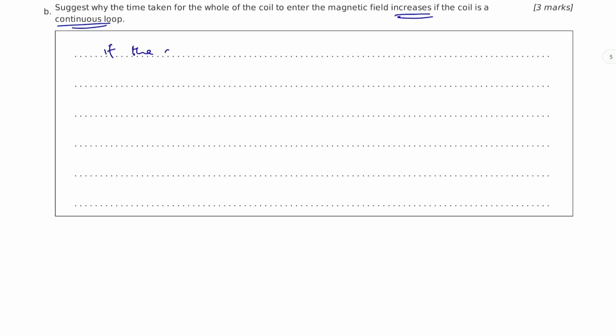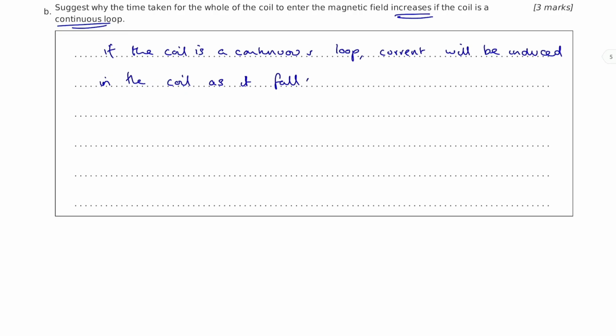If the coil is a continuous loop, current will be induced in the coil as it falls through the magnetic field.